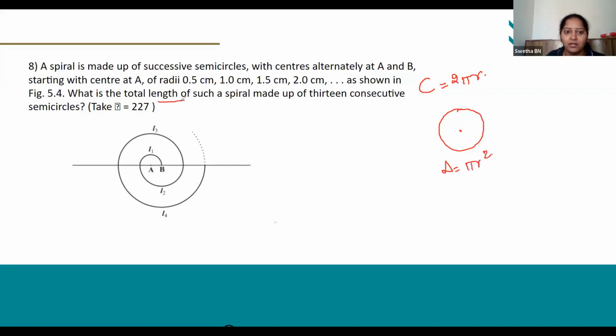So we need circumference here. So we are taking C is equal to 2 pi r. Since we are taking semicircles, so what will you take? For full circle, it is 2 pi r. For semicircle, it is?